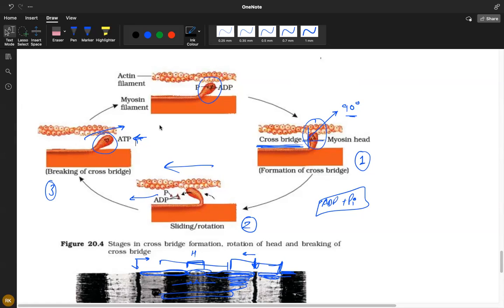The ATP is again utilized by the myosin head and the cycle of cross bridge formation repeats. Is that clear?